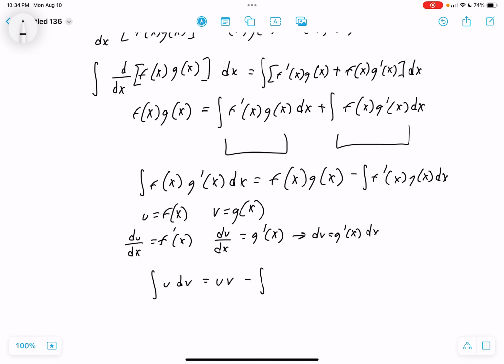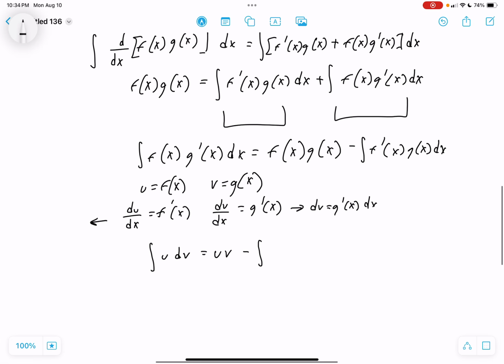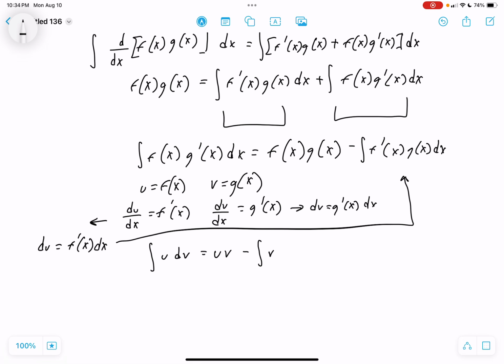We can see that g of x is going to be v, and then I get a du, because when I solve for this, I get du equals f prime of x dx, which is what I have all the way up here, and therefore du goes at the end here.